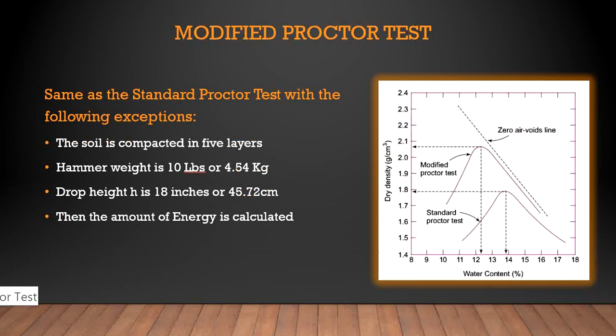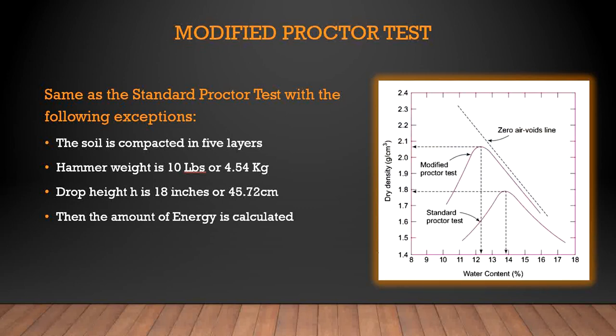Then we will discuss the modified Proctor test. This test was developed to deliver greater compactive effort with a view to simulating the heavier compaction required for the construction of airport pavements. So whenever we require heavy or greater compactive energy, the modified Proctor test is adopted.